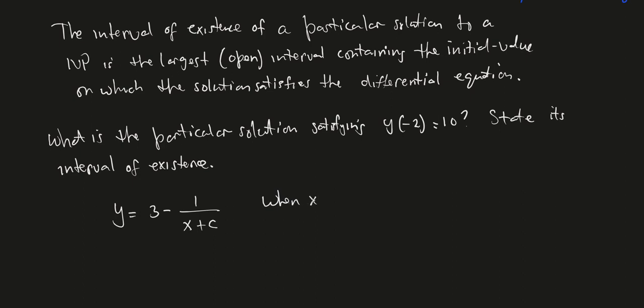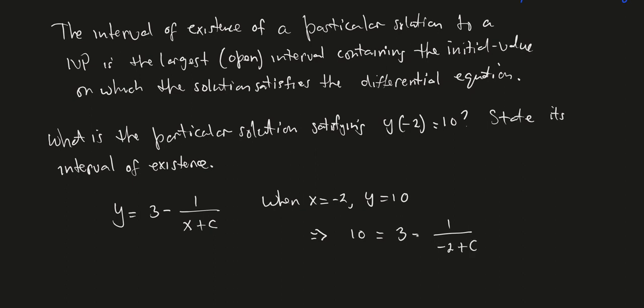So when x is equal to negative 2, y is equal to 10. So that gives me this equation. 10 is equal to 3 minus 1 over, and then my x value is negative 2.